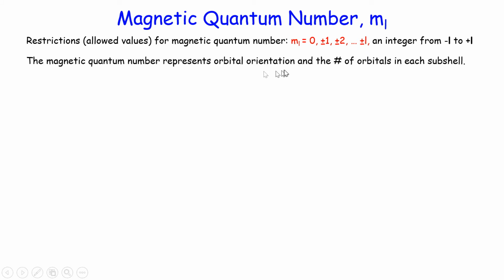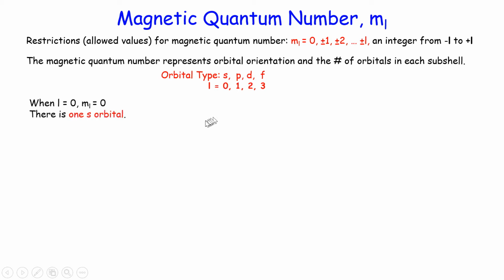So ML is L dependent. As I just mentioned earlier, ML represents the number of orbitals in each subshell, as well as the orbital orientation in space. Let's bring this set of orbitals here again.